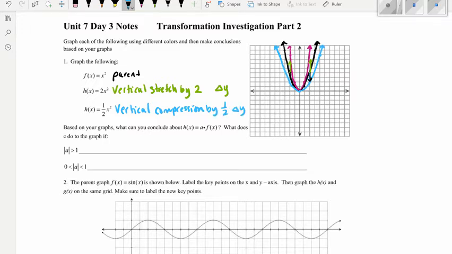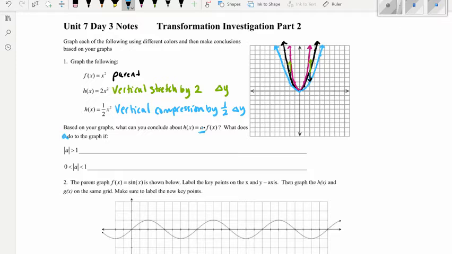So again, we've changed our y values. So based on our graphs, what can you conclude about that a value being multiplied by your original parent graph function, in this case f of x? And it should say, what does a do to the graph, not c. I forgot to change that value.